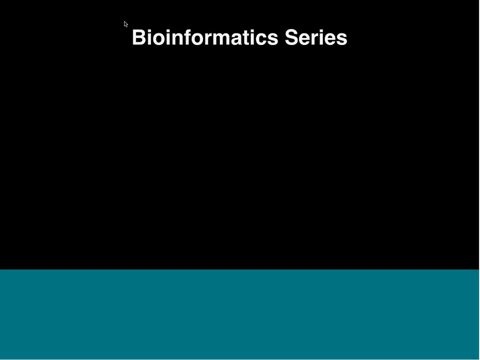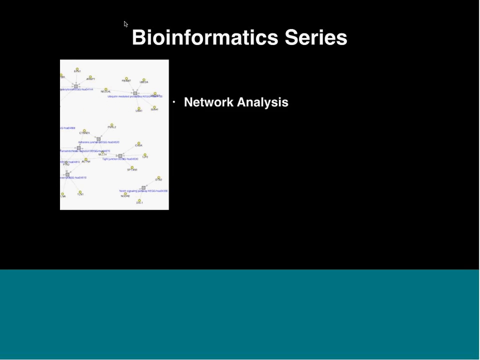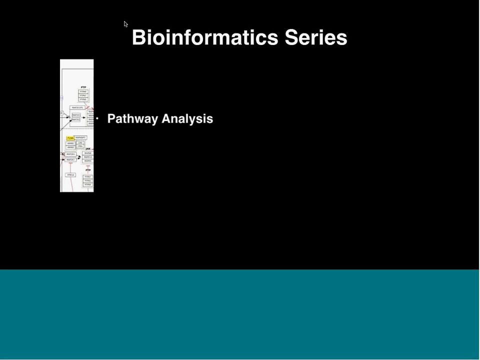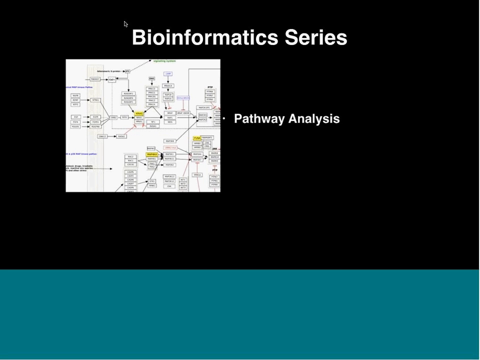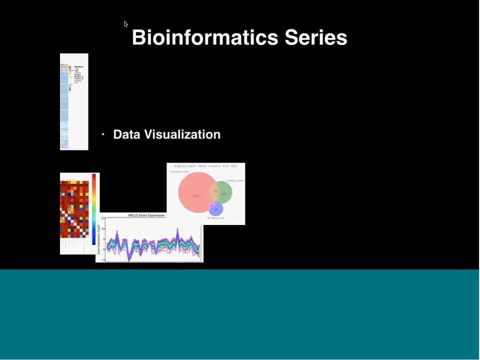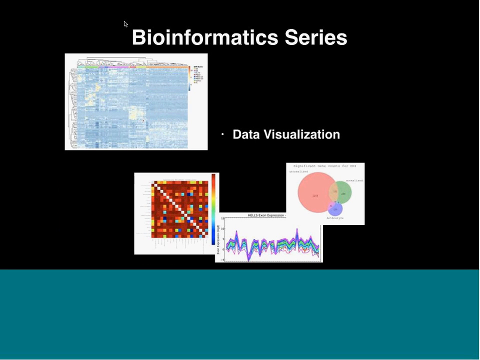We would like to cover eventually network analysis and pathway analysis, so looking at what signals are available and how that looks when you project it onto a pathway. And then throughout the whole series, we'll be covering data visualization as well. We'll have specific sessions on covering data visualization.